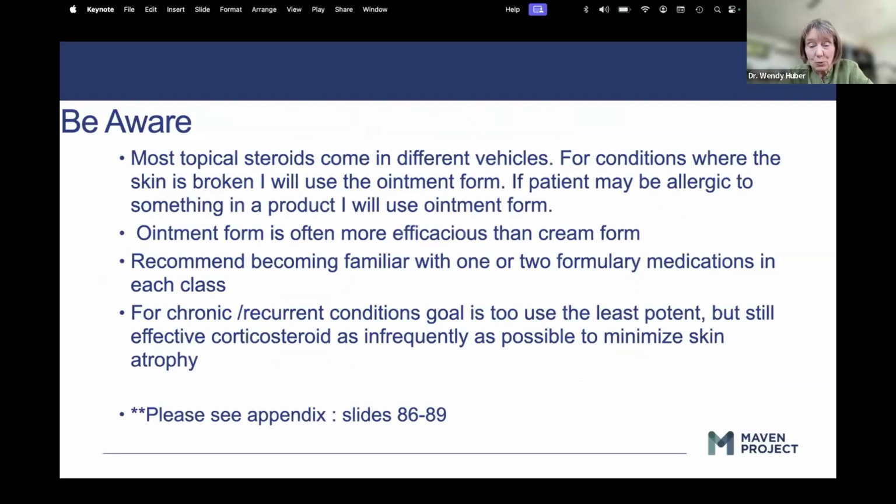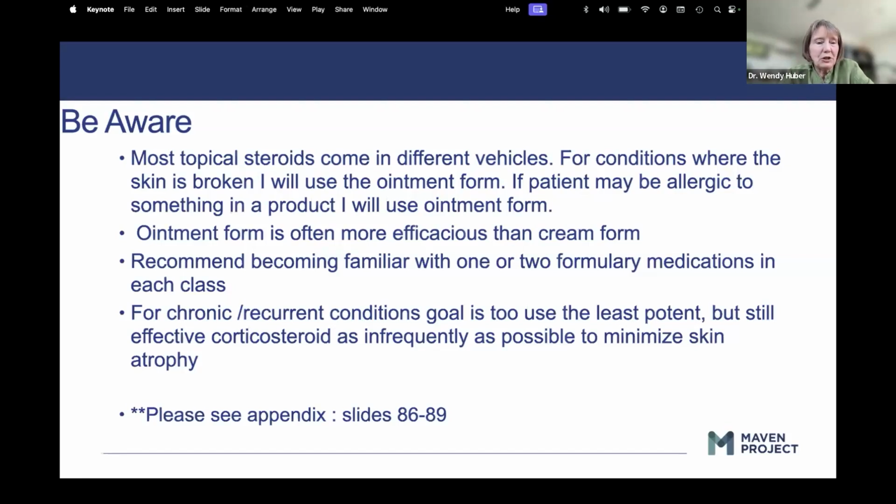I rarely use creams. But typically in the creams, the manufacturers are trying to put in products along with the active ingredient that aren't too allergenic. Now, if a patient is, of course, allergic to something that we think, I definitely would use the ointment as well, because I would hate for them to be allergic to some other vehicle ingredient that happens to be in the topical medication.